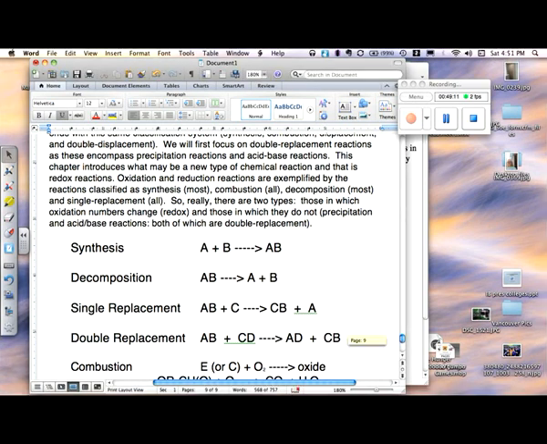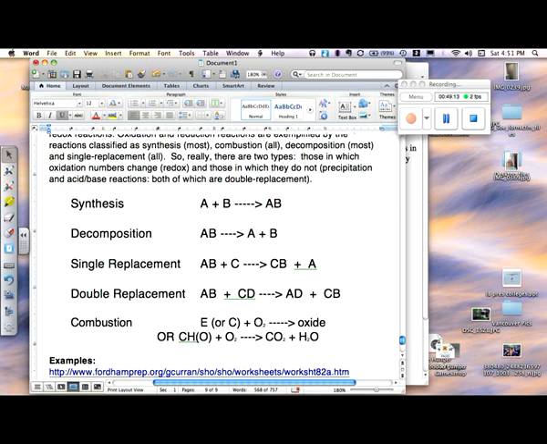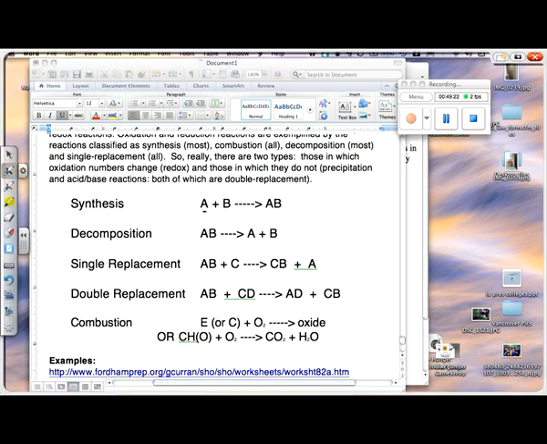Okay, so synthesis reactions, metathesis is another word that's used by some chemists, is when you take 2 different substances, they could be elements, and you make one. So 2 becomes 1. Decomposition is the opposite of synthesis, and that is when one compound, it has to be a compound, becomes two or more substances. Those two or more substances can be elements or compounds.